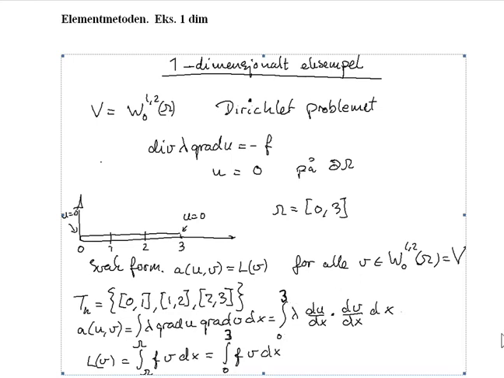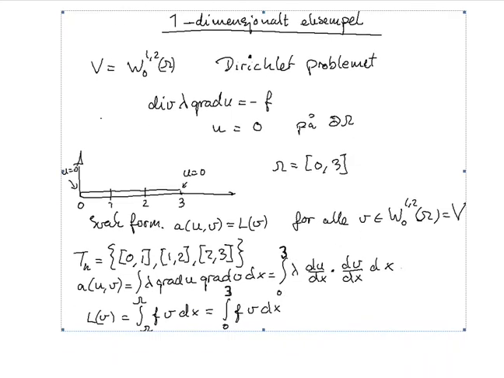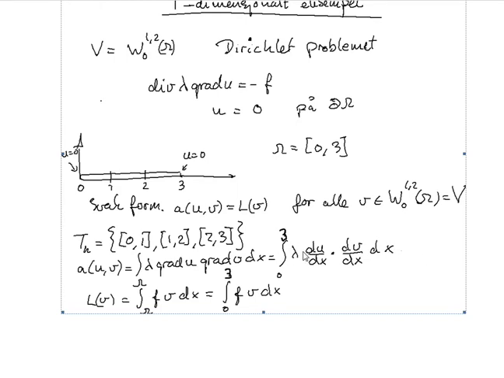It's a usual integral on the real line. Moreover, the linear form L of v is given by this expression as usual, and instead of using this more complicated integral over omega, we can use this integral instead.